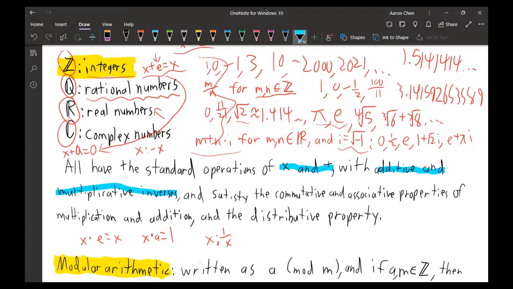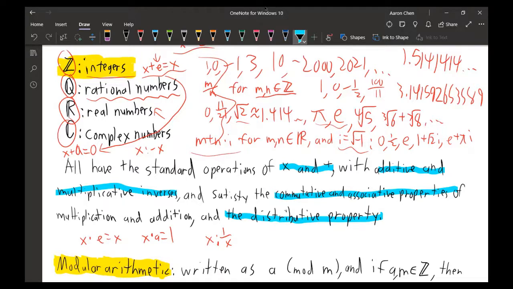Another thing we know is that the operations satisfy the commutative and associative properties, and combined they also satisfy the distributive property.